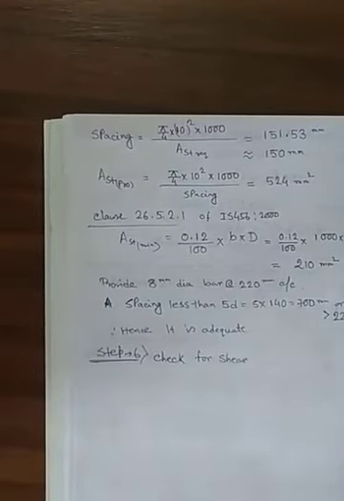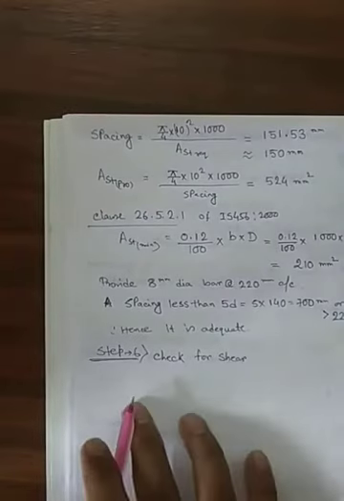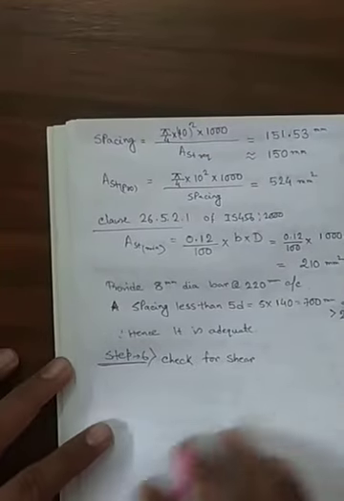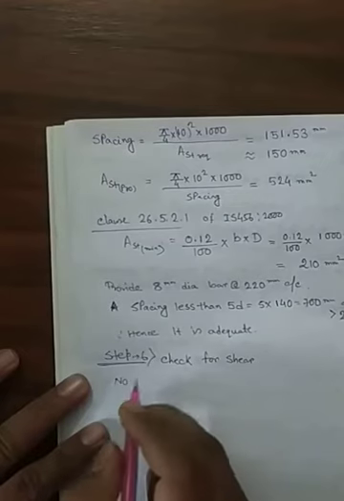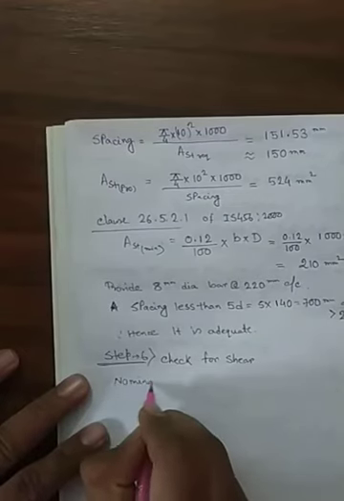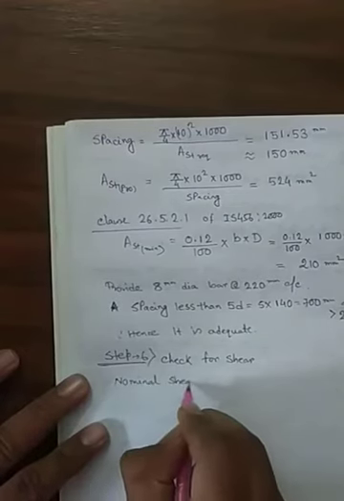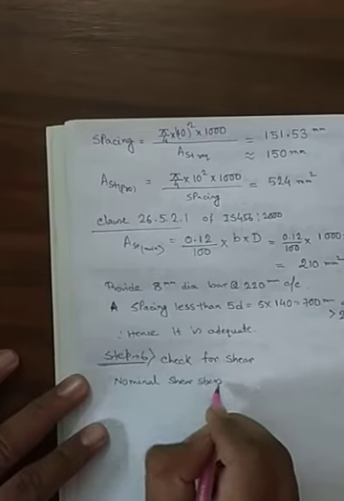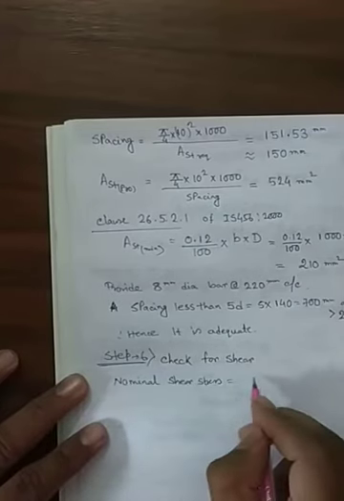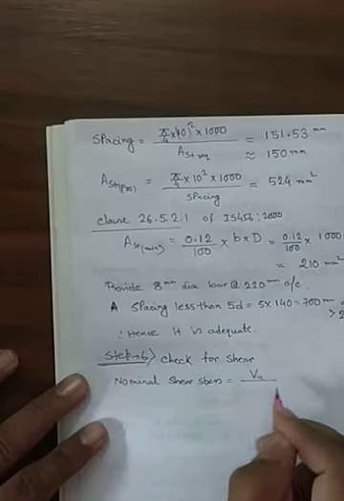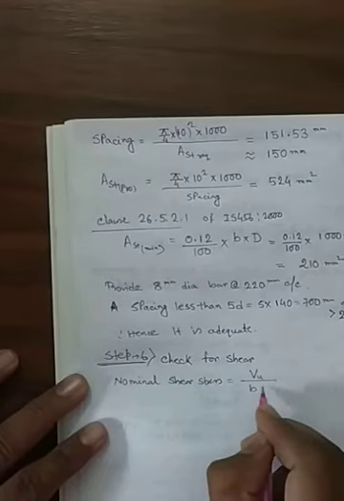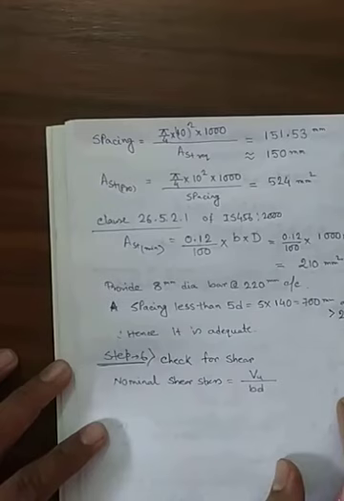Now what is our nominal shear stress? We have to calculate our nominal shear stress. Nominal shear stress is nothing but our shear force divided by net area of cross section.